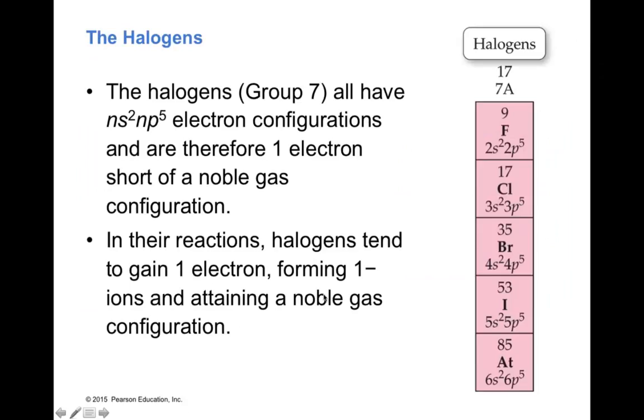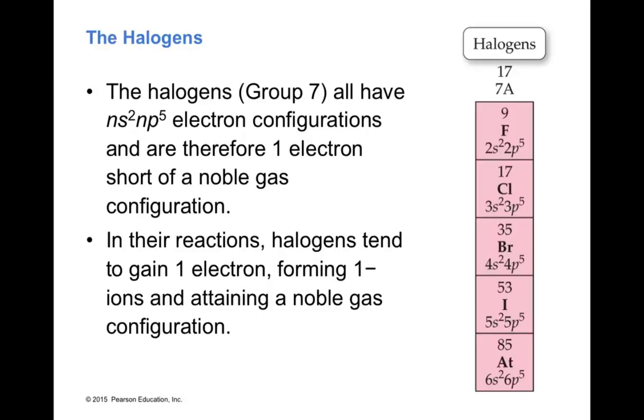So that's why most of them gain 1 electron, and when they gain an electron, they produce an ion with the same number of electrons as the noble gas. So that's why the group 7 halogens are always -1. Fluorine -1, chlorine -1, bromine -1 as an ion. As an atom, they are neutral. They don't have charge as an atom.